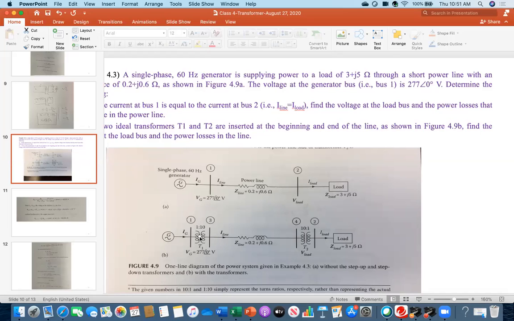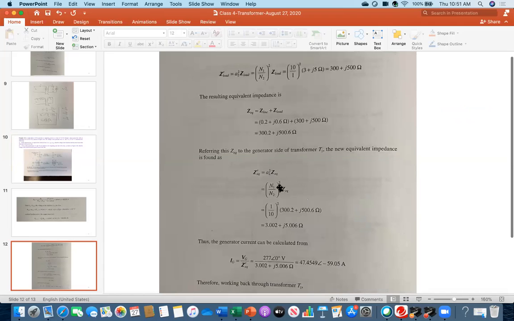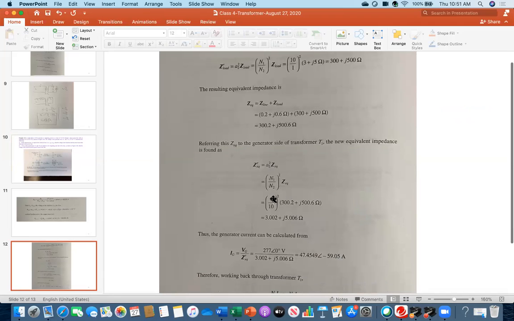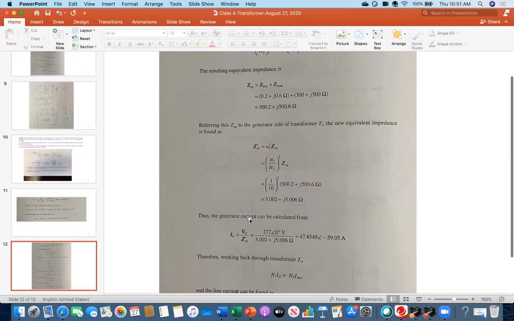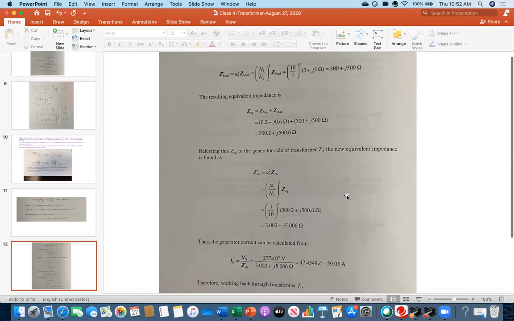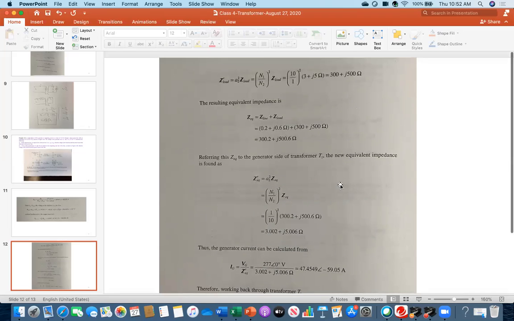For this transformer, primary side is 1, secondary side is 10. So again, 1 over 10 squared multiplied by that new impedance. So finally, I got 3.002 plus this. Now I am able to find out the generator current, which is Vg over this new value. So could you follow me on this part?